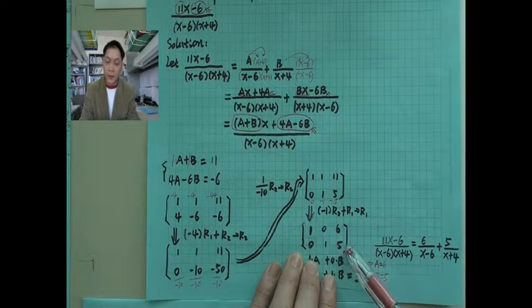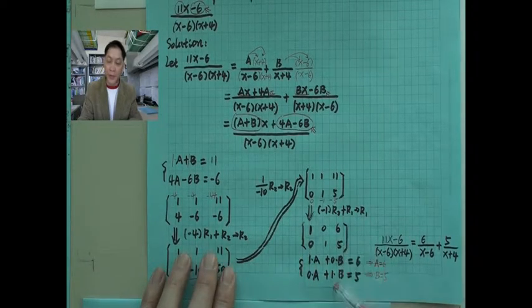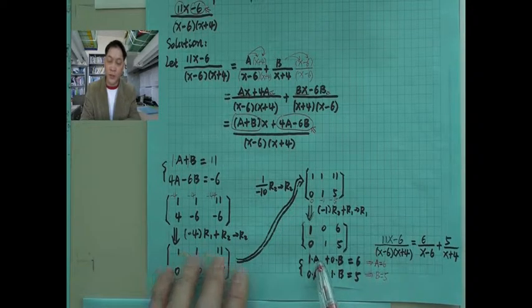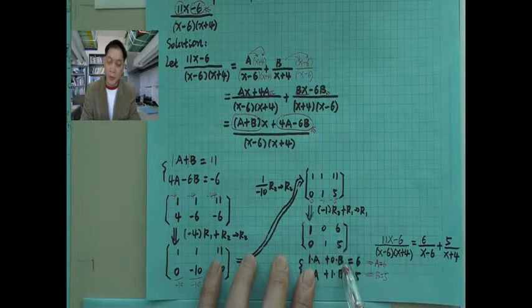And then we write this back as equations: 1 times A is just A, 0 times B is just 0, and 6 is this one.